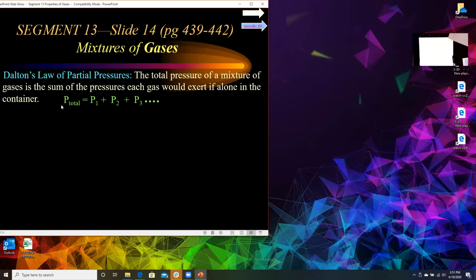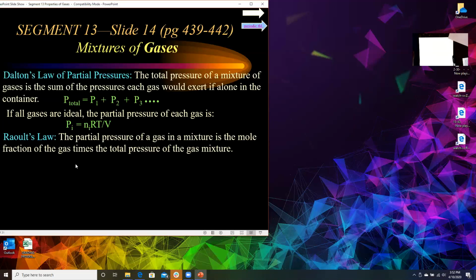So the total pressure that we measure in the lab inside that bottle is going to be made up of the pressure of the gas we collected plus the vapor pressure of water. You can look that up in the back of your lab manual, get those values and subtract to get the pressure of the gas that you collected. So this is a very useful relationship. And you can just say that the partial pressure of any gas is just the number of moles times RT over V for that particular gas.